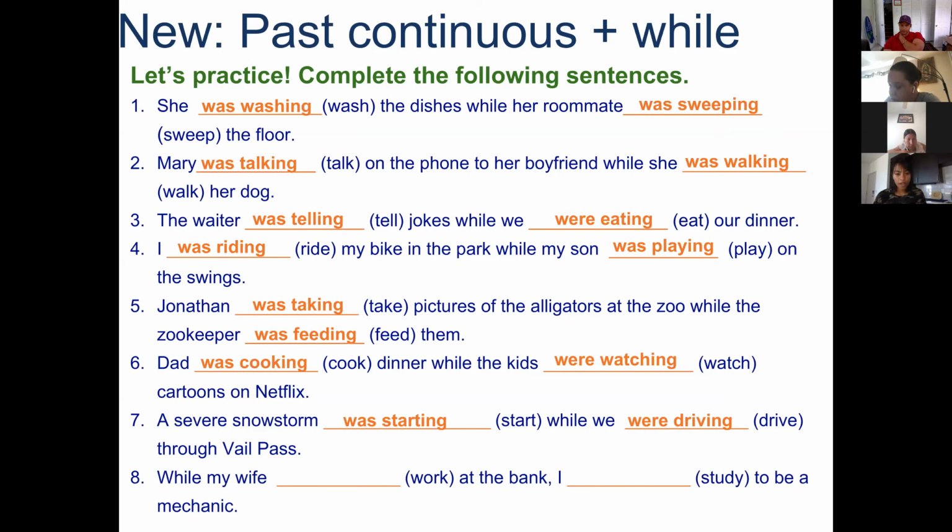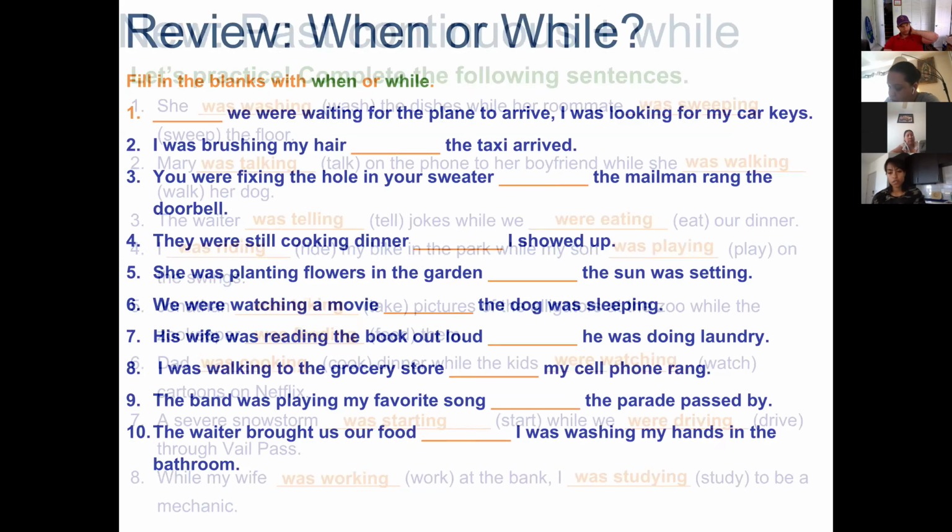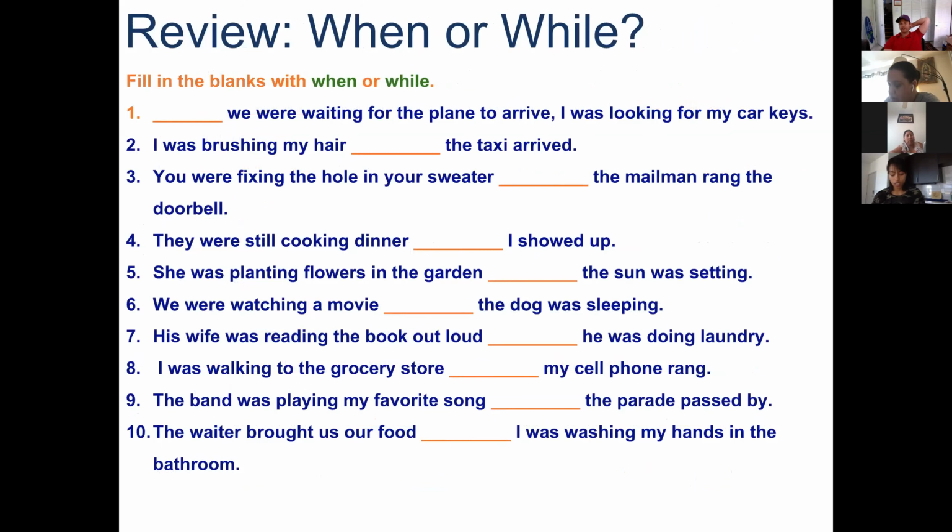While my wife was working at the bank, I was studying to be a mechanic. I was studying, yeah. Okay. All right, now we have to choose between when or while. Number 1, Danya.